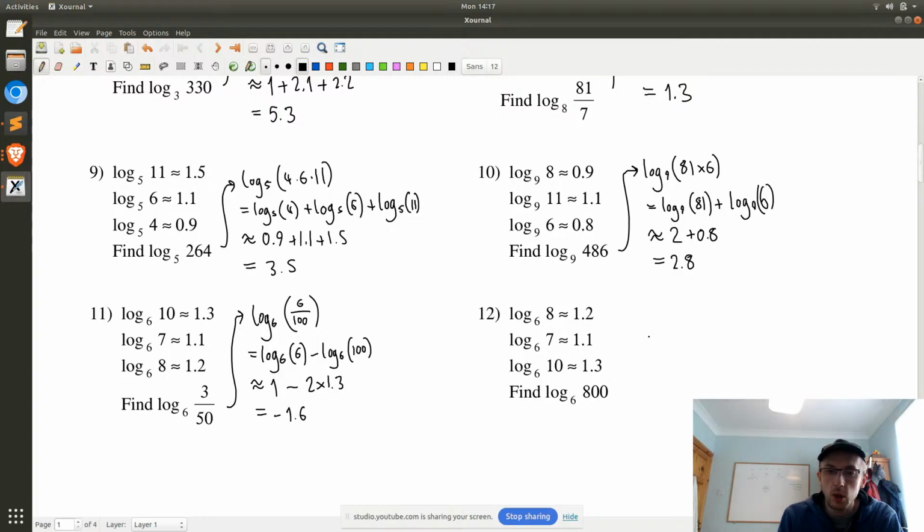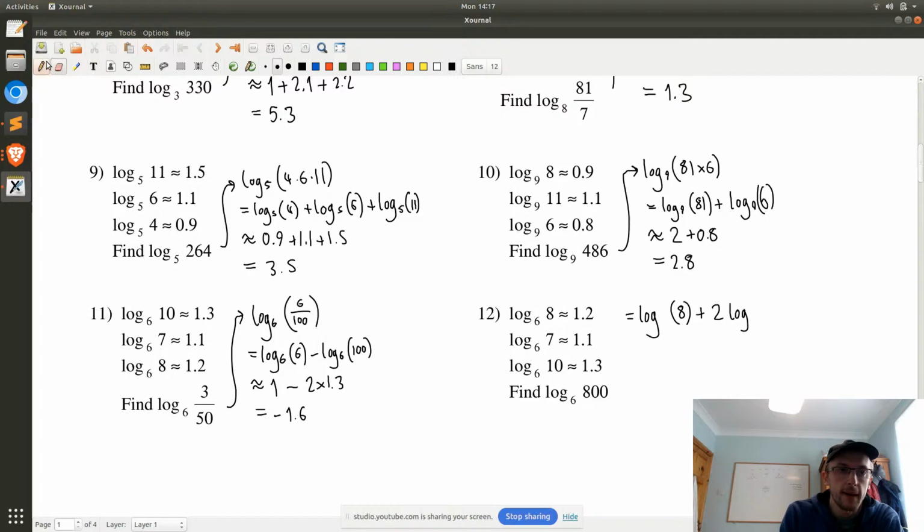Next up, we've got log base 6 of 800, and that's obviously 8 times 10 squared. So log base 8 plus 2. They should be base 6.